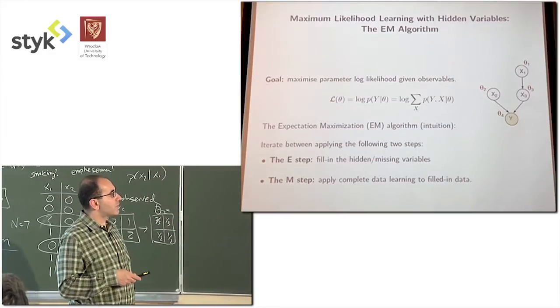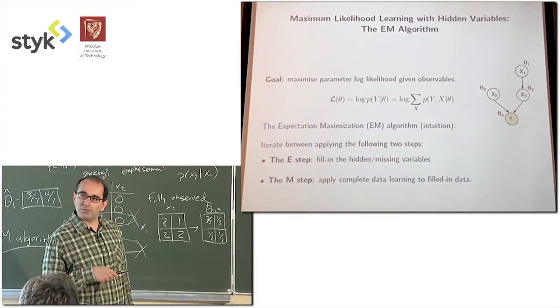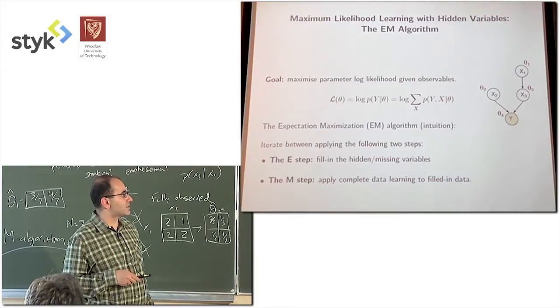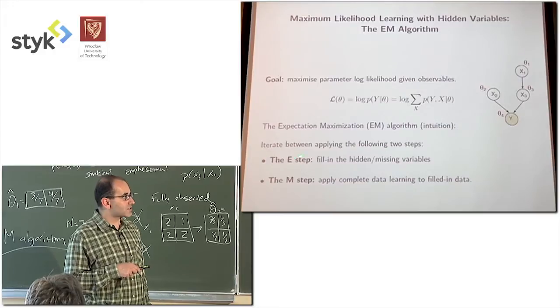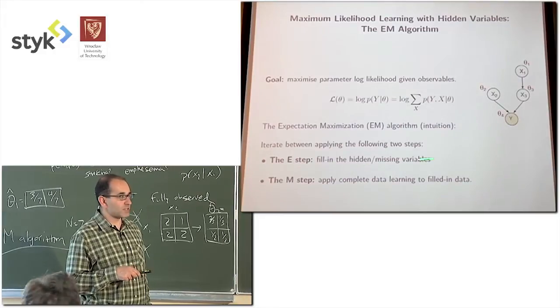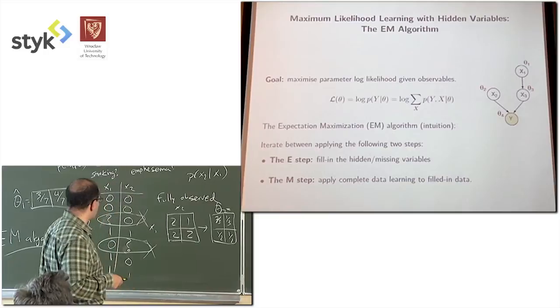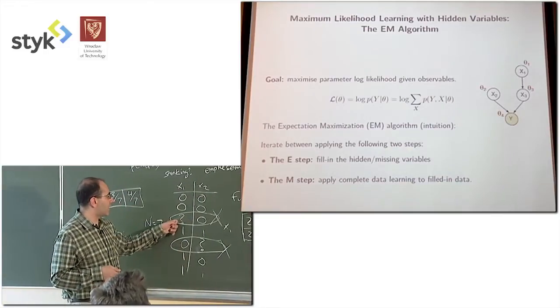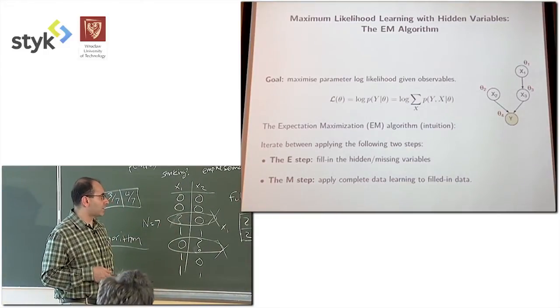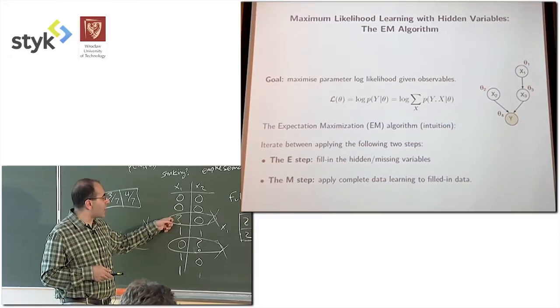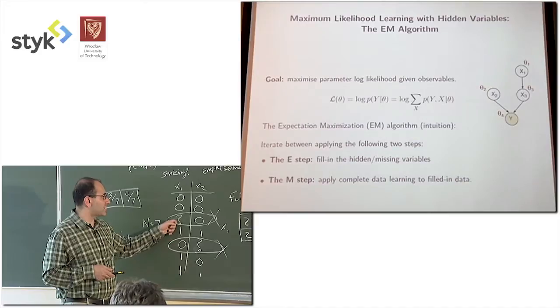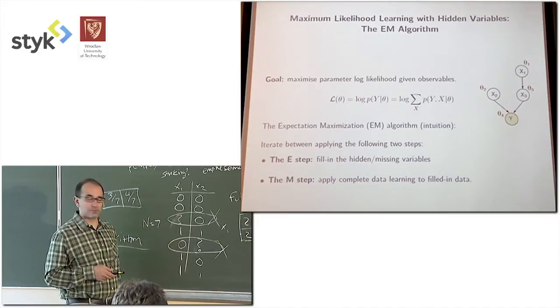Just fit it into some sort of optimization routine. But it turns out that a nice numerical procedure for optimizing this is to run the EM algorithm, where in the E step what you do is you fill in the missing or hidden variables. So you don't actually fill them in by assigning a particular value, but you fill them in by assigning some probabilities. Okay?